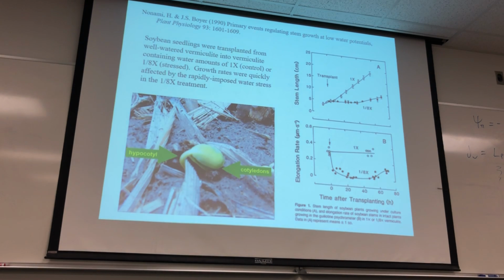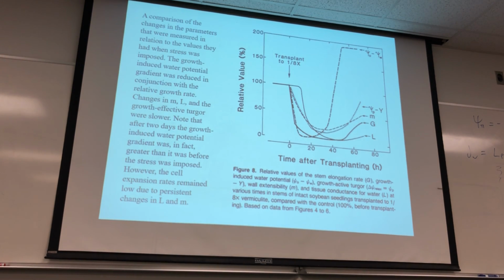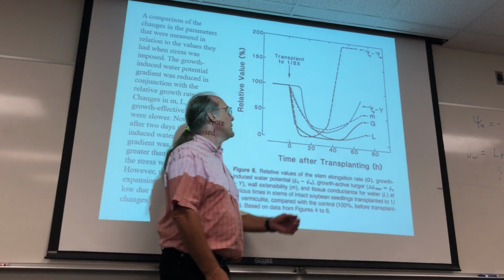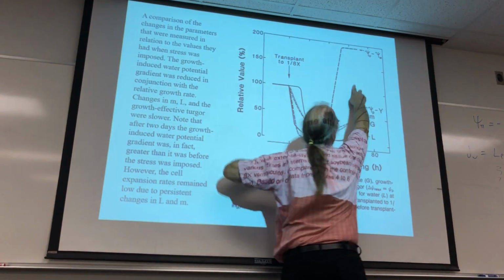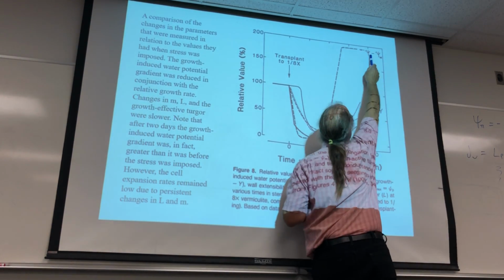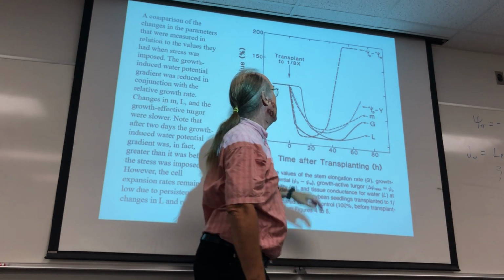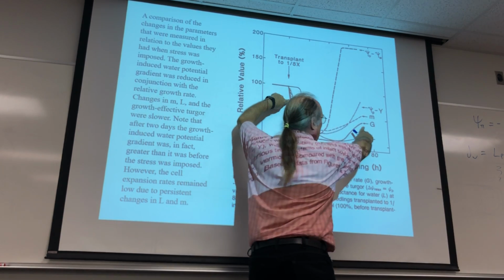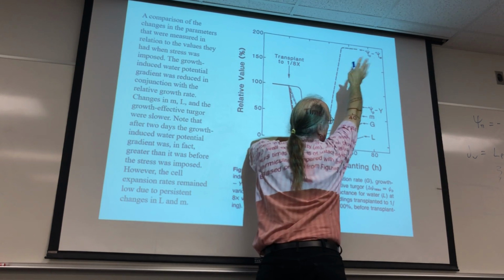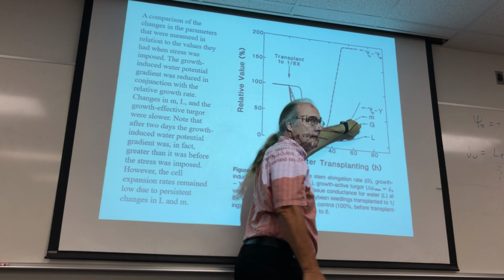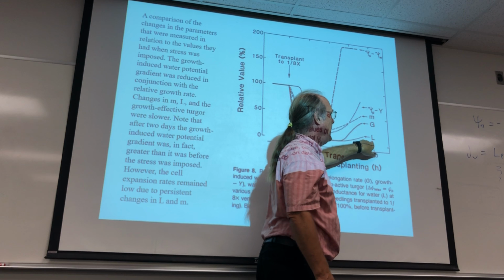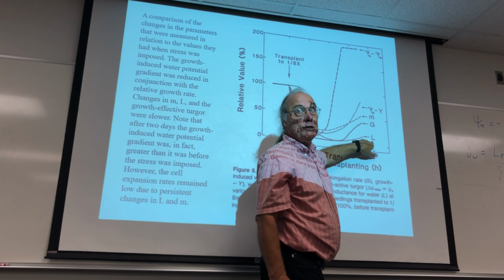Why is it? Because what these guys found, first, when they imposed this dramatic stress very quickly, the first thing that changed was this growth-induced water potential gradient, because the external potential decreased. And so the relative rate of cell expansion decreased in concert with that. Over time, that recovered and got even higher than it was, but the rate of cell expansion still was low because by that time, the wall extensibility and the volumetric hydraulic conductance had changed.